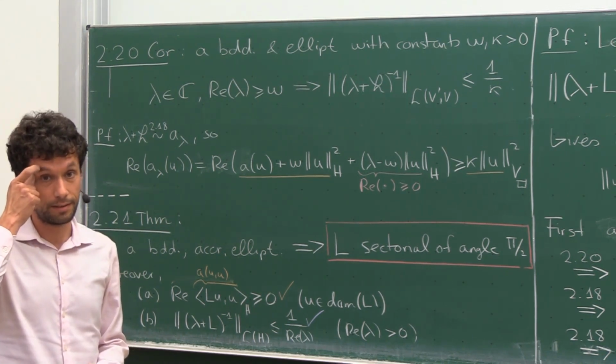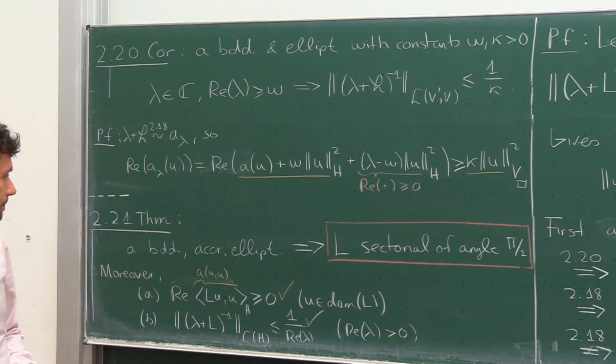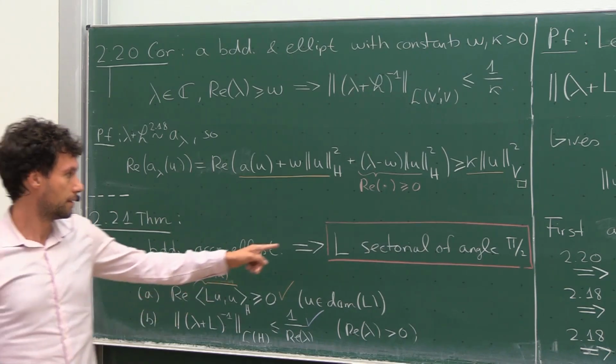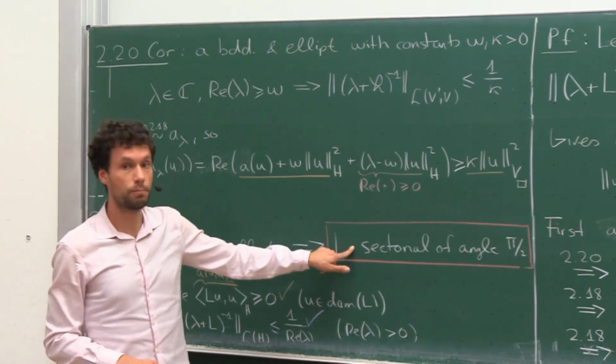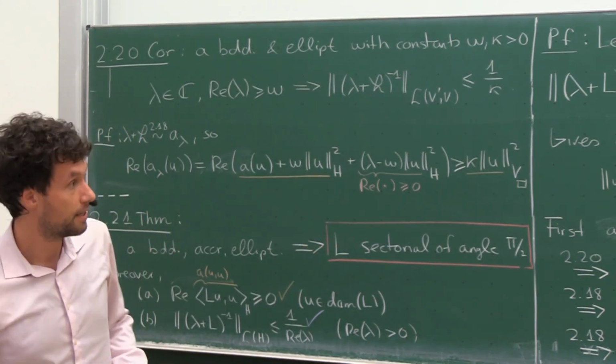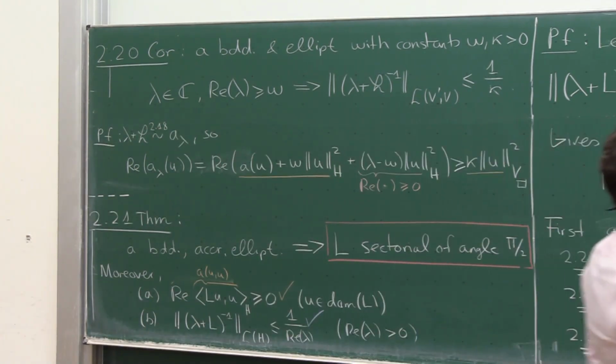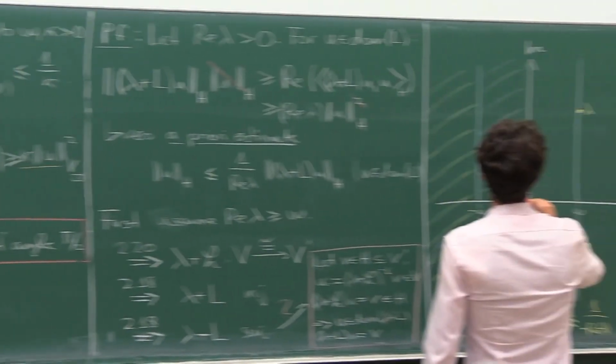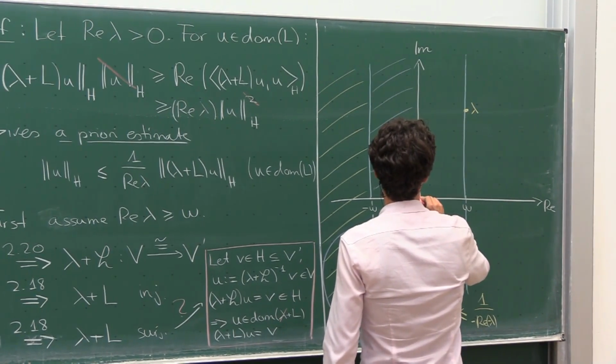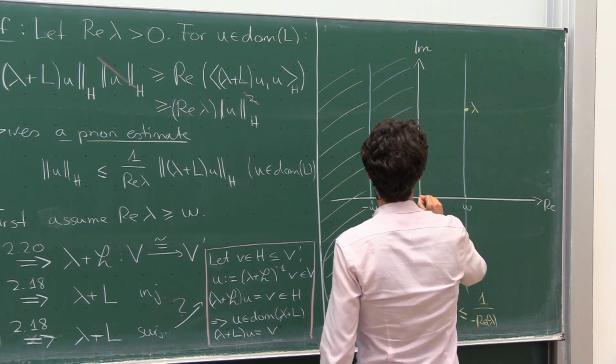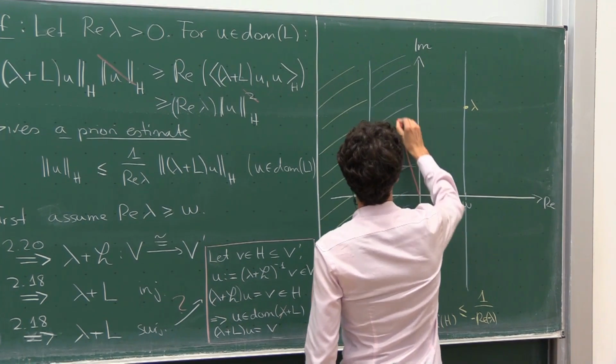The sectorial angle is by... Yeah, I have proved this thing, but I have not proved sectoriality. Okay? So how do I prove sectoriality? Well, sectoriality of angle pi over 2, he's completely right, is I have to take a sector that is slightly larger than pi over 2.